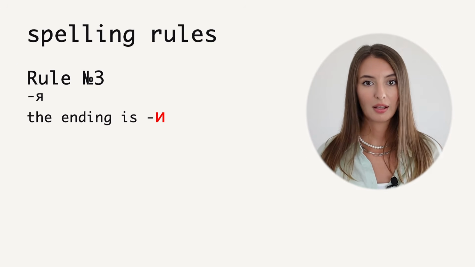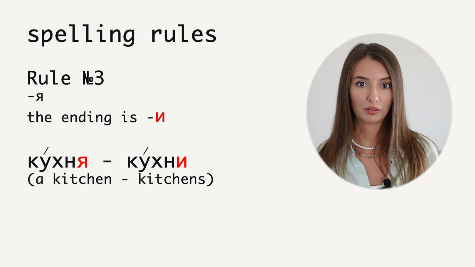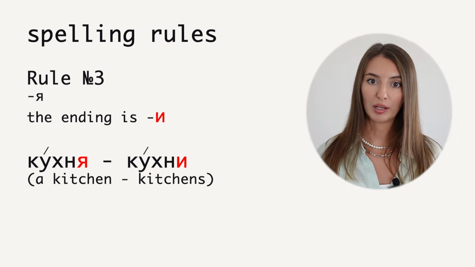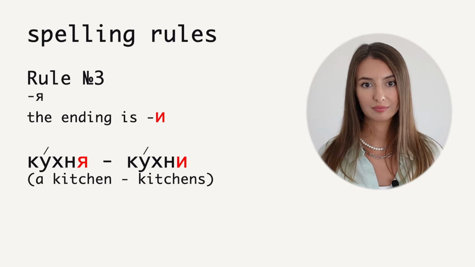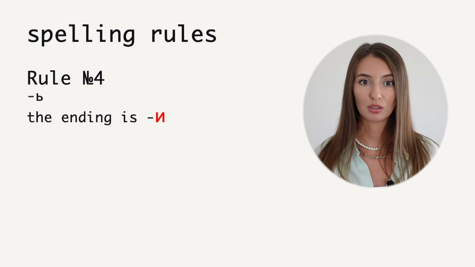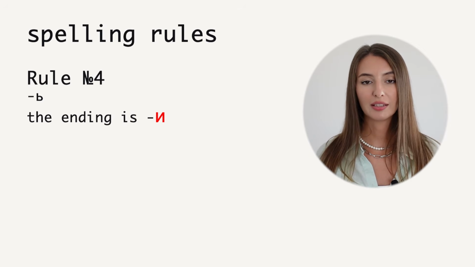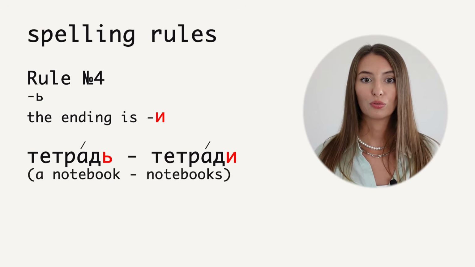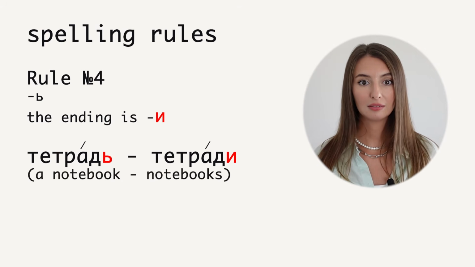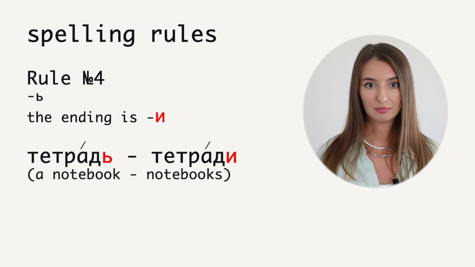For example, the plural for the word кухня is кухни. Кухня, кухни. Rule number 4. If a noun ends with a soft sign, change the ending to и. For example, the plural of the word тетрадь is тетради.